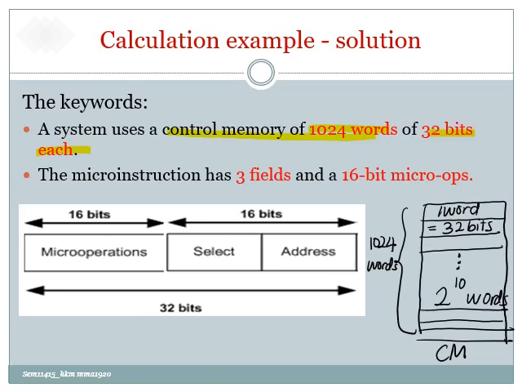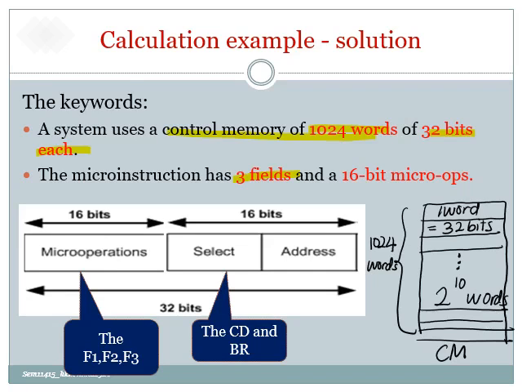Next, it says the micro instruction has 3 fields: the address, the select, which is CD and BR, and of course our micro operation F1, F2, F3. And the size of the micro operation is 16 bits. So if the micro operation is 16 bits, that means select and address are also 16, because each word is 32 bits minus the 16-bit micro op, we get 16 bits.